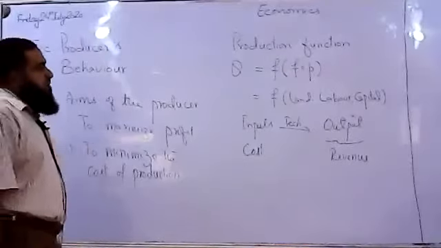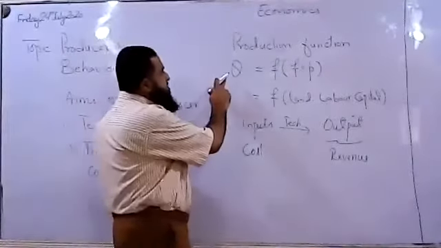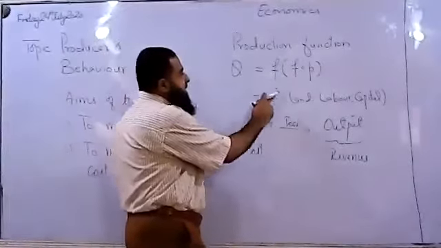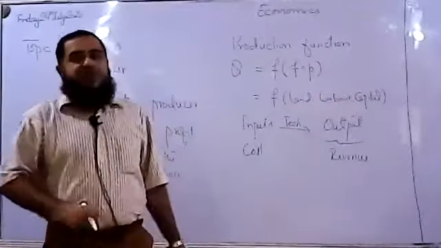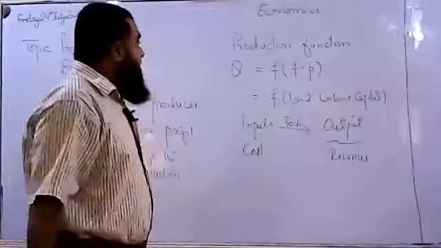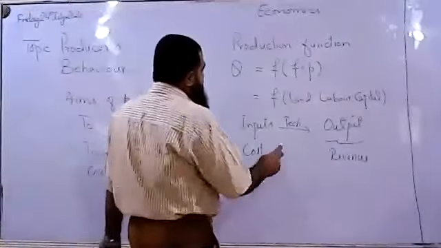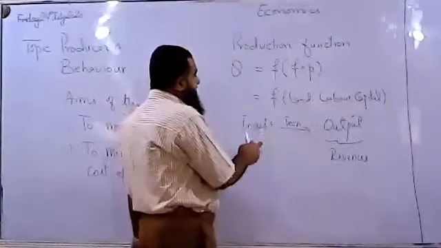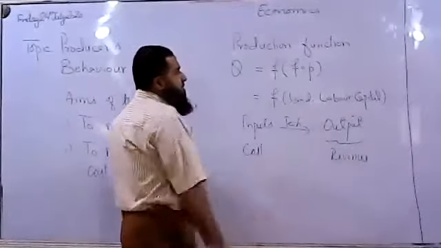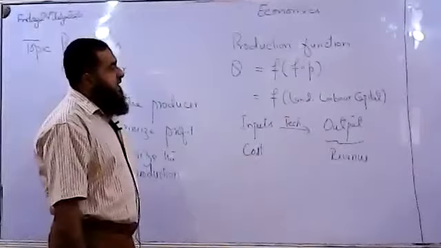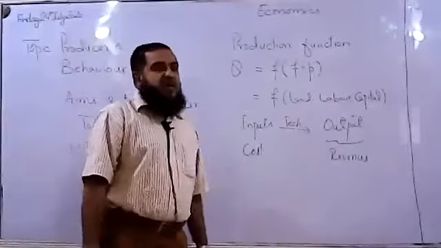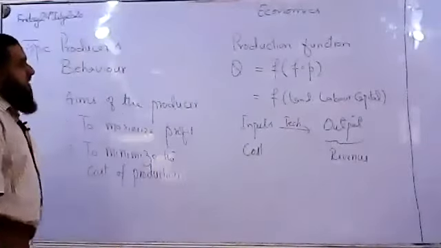So I say when the producer is going to produce the quantity, he is using these inputs, and these inputs will be rewarded in terms of money, like the landowner will be paid rent, whereas labor will be paid wages and salaries, and the capital owner will be paid interest for the use of the capital.